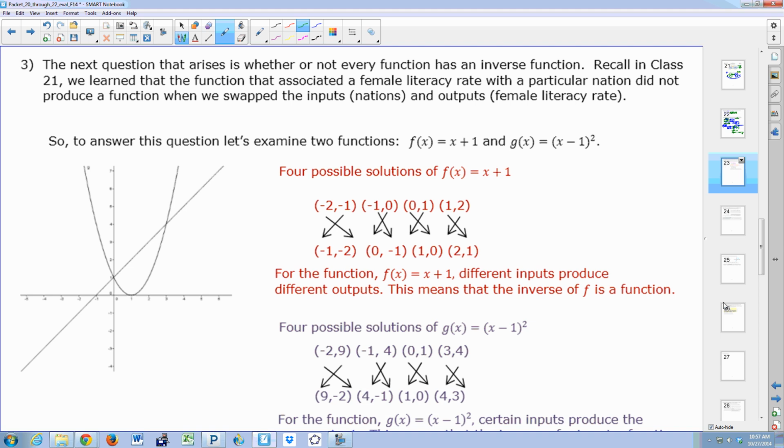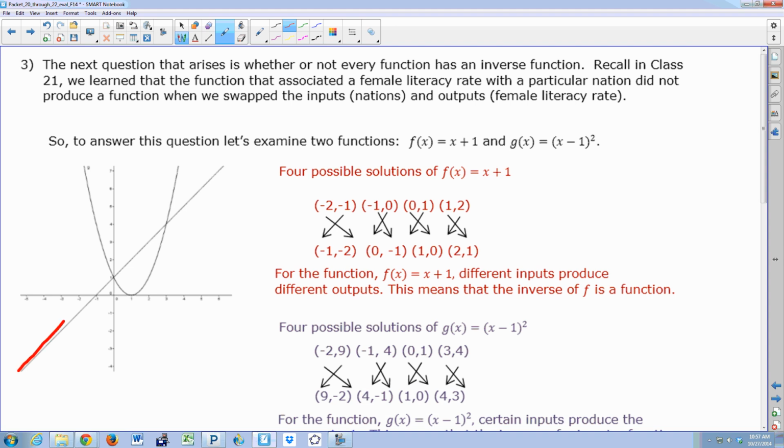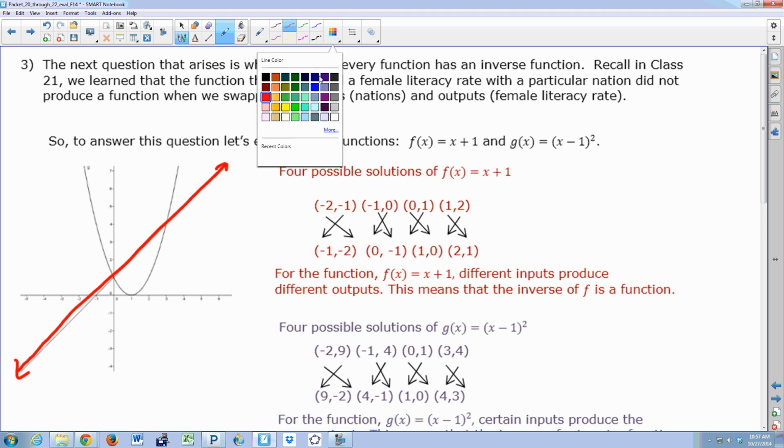So notice I have a linear function and a quadratic function. Red here represents my linear function, so I'm just going to take this line and make it red. And these purple writing here represents my parabola, x minus 1.